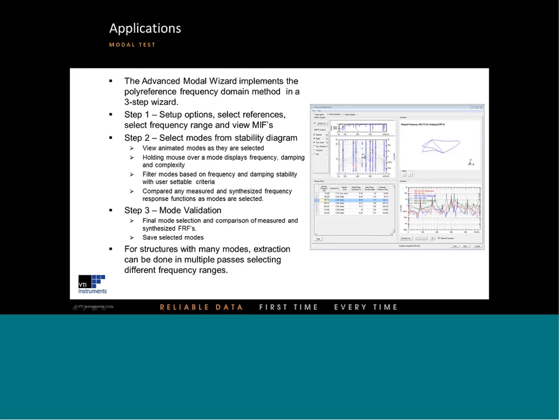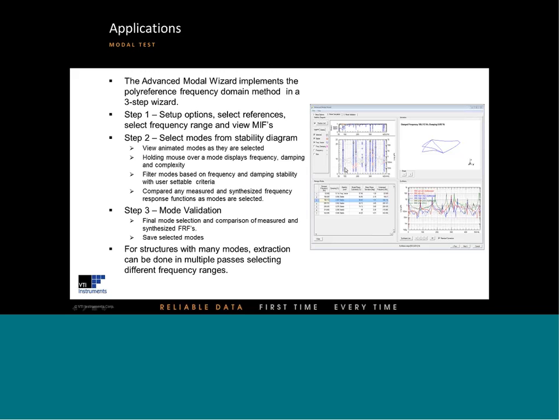Anytime you select a mode, you immediately see an animation of that mode in this window in the top right of the display. You can filter selected modes based on frequency and damping stability with user-settable criteria, and you get immediate feedback of the synthesized and measured frequency response functions in the window in the bottom right.